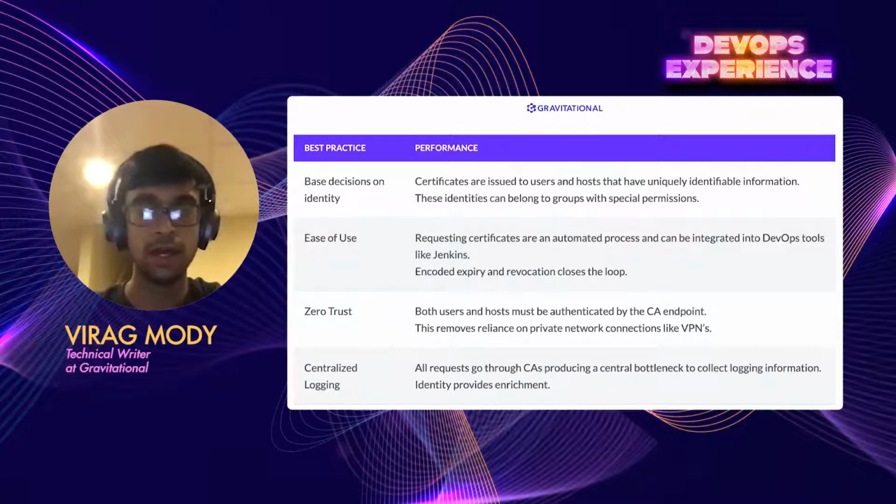Ask yourself, am I basing my decisions on identity or secrets? Is it easy to use? Am I trusting the network to do something that it can't reliably do? Where are my logs going? And if you can rethink the answers to these questions, see how the end result is different than what you started with and whether or not that's better.